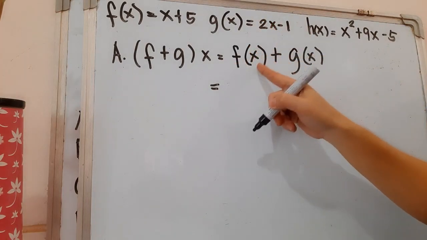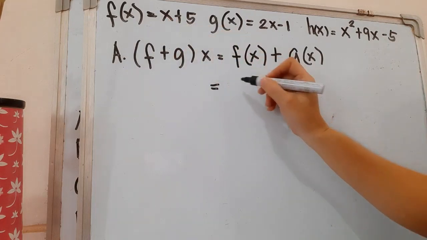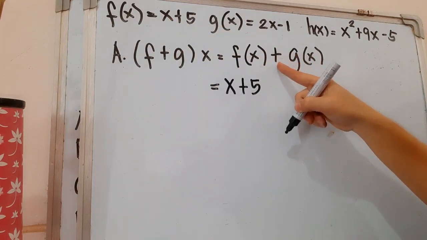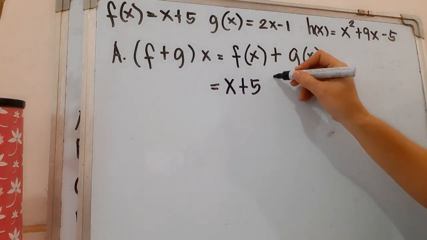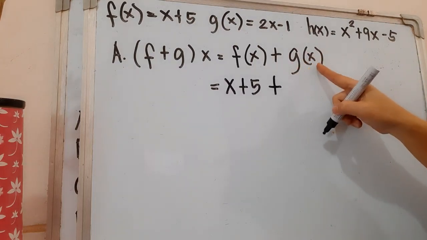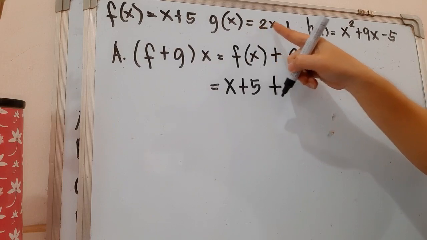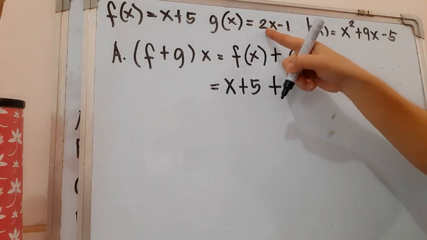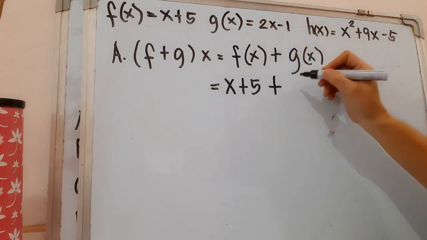So instead of f of x, we are going to write now x plus 5. Then we will add it to the second function, the value is 2x minus 1. So instead of g of x, we are going to write 2x minus 1.